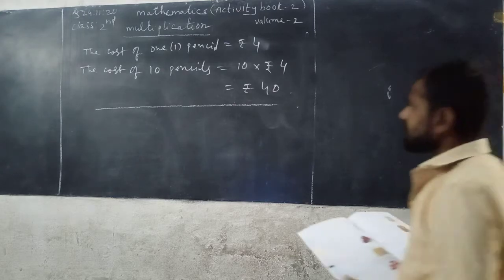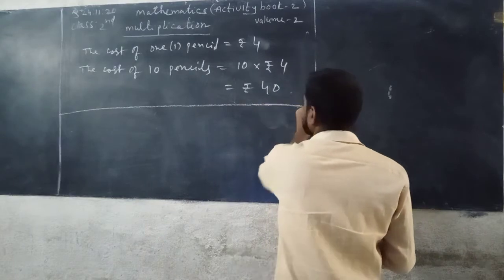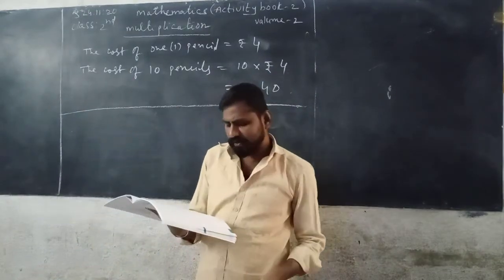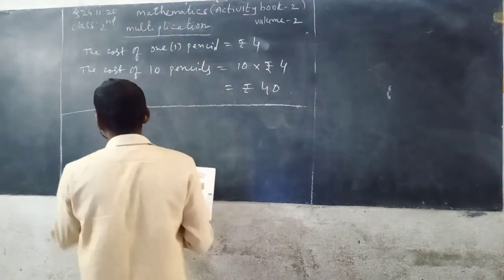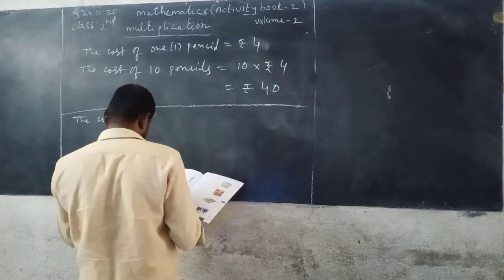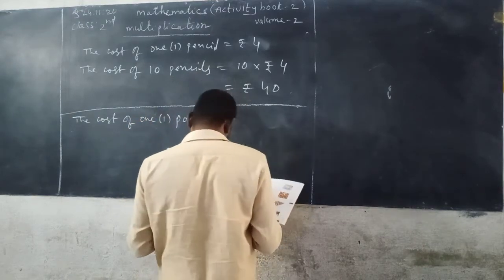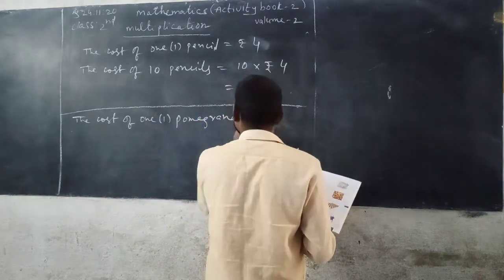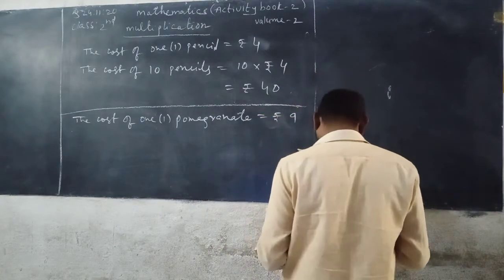See now, next one. The cost of 1 pomegranate is 9 rupees. What will be the cost of 11 pomegranates? See here. The cost of 1 pomegranate is equal to 9 rupees.